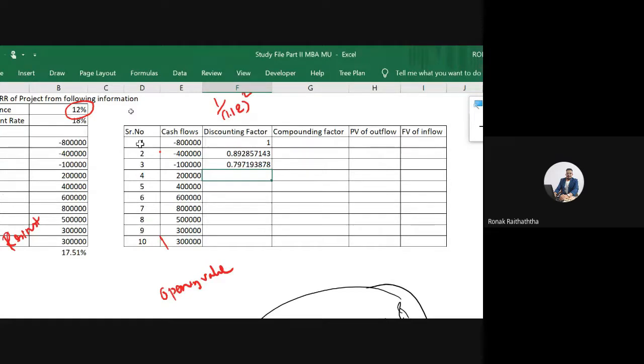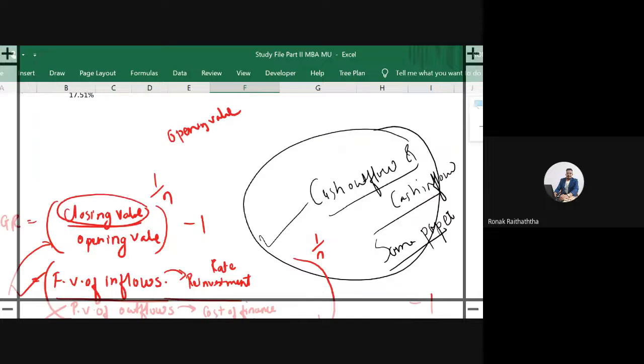So friends, at the beginning of the 4th year, if you invest something and you want the value at the beginning of the 10th year, I'm not saying the end of the 10th year we require, then how many periods of compounding will take place? It will basically be 6 periods.